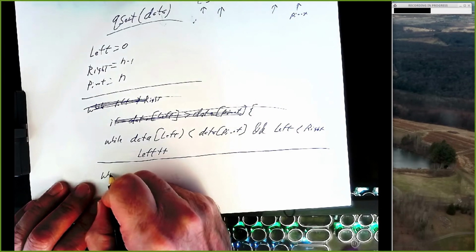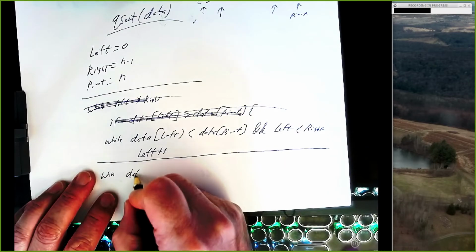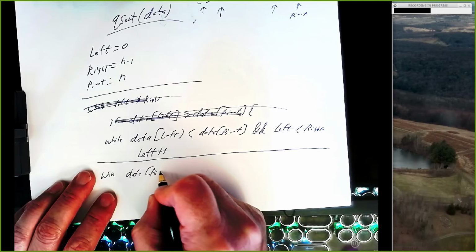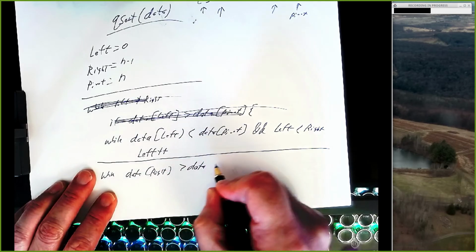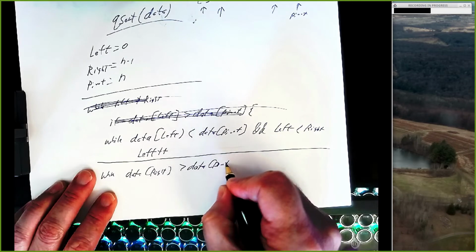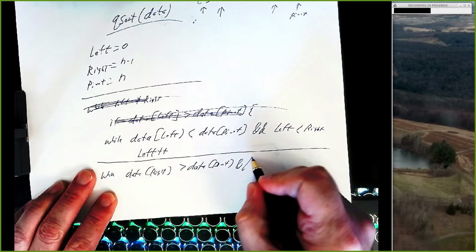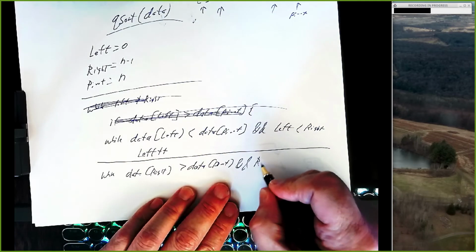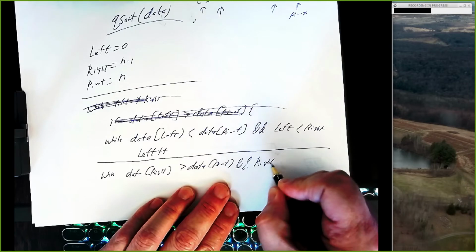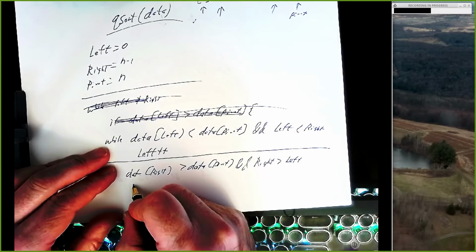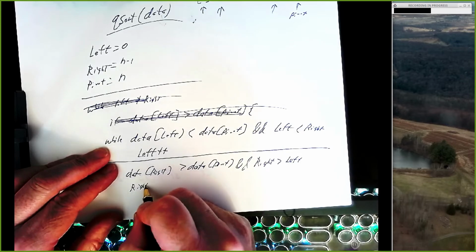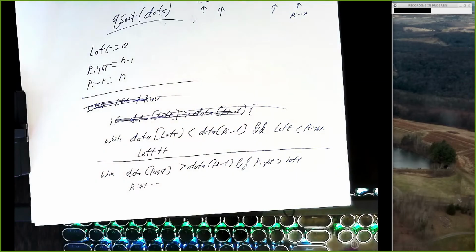So let's say while data right is bigger than the pivot, and right is bigger than left, let's move to the left.